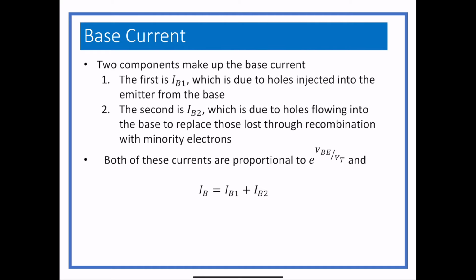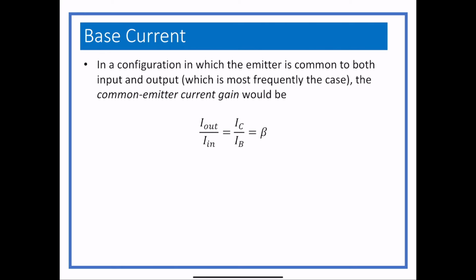If you have a configuration in which the emitter is common to both input and output, this is similar to when we talked about common source with MOSFETs. The common emitter is probably the most popular form in which amplifier circuits are built. We can figure out the common emitter current gain as just IC, the collector current, over IB, the base current.